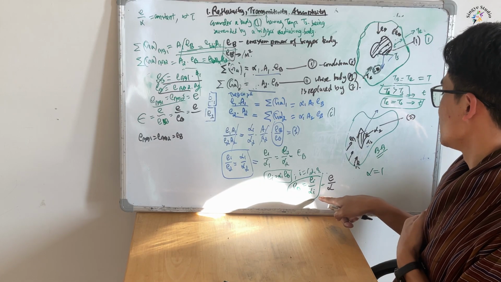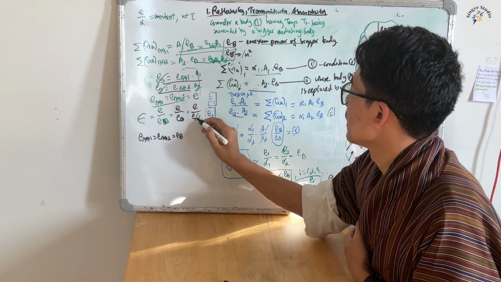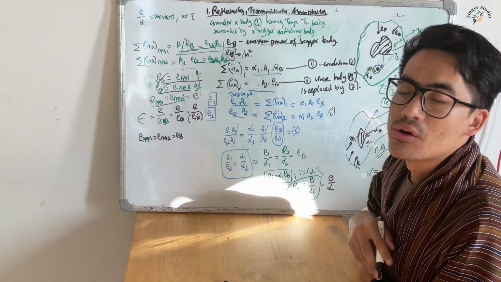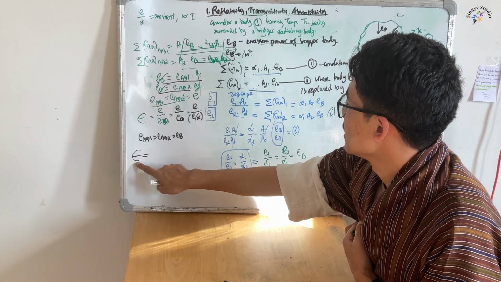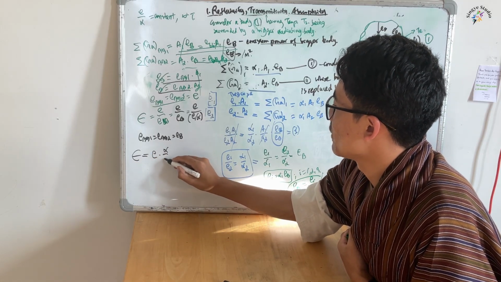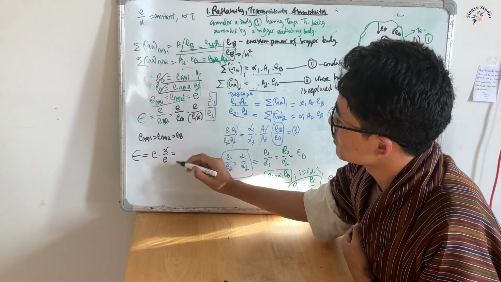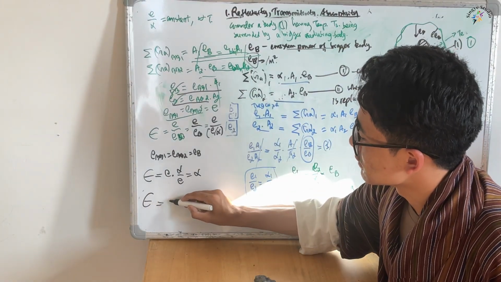Now my E_B, you can see, is E by alpha here. So when you use this, my emissivity epsilon equals E times alpha by E, which equals alpha. So we get epsilon equals alpha.